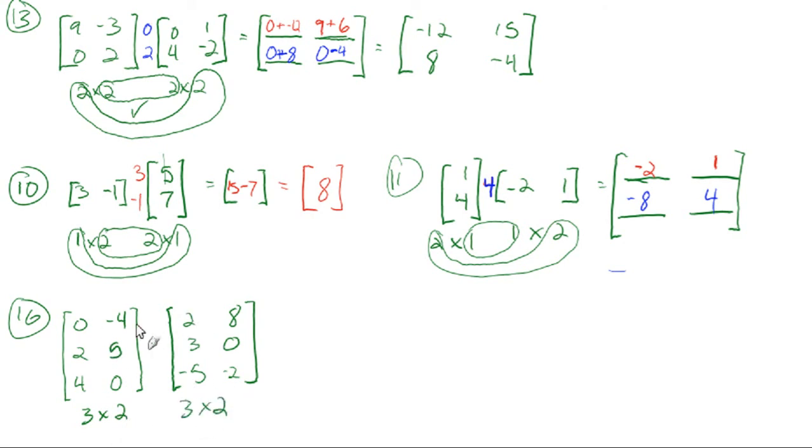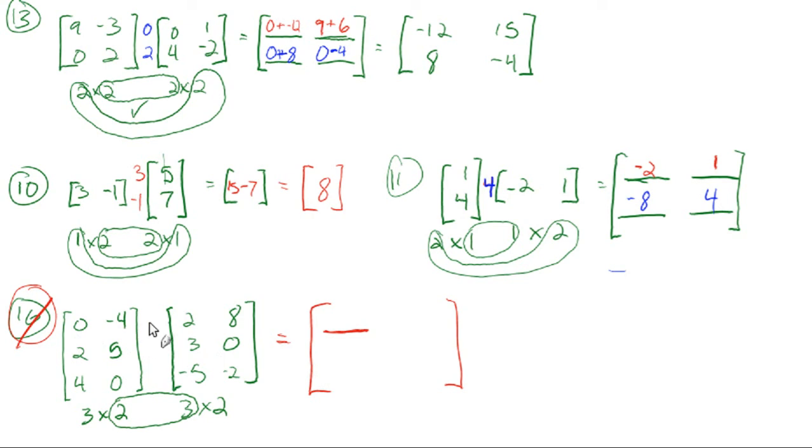Now, these are the same dimensions, both of these matrices, but these do not match up. So we're not going to be able to multiply them. So this is just not possible. And just to show you why, if we went to get the thing in the resulting matrix, if there were one, which there can't be, first I would say we'd start with the first row and the first column. First row, first column.